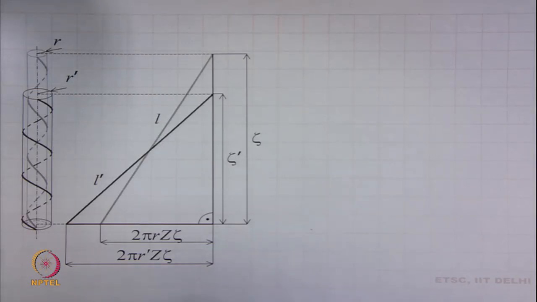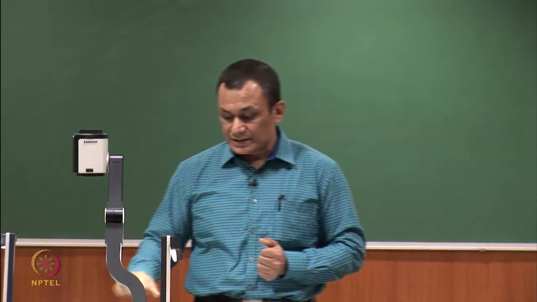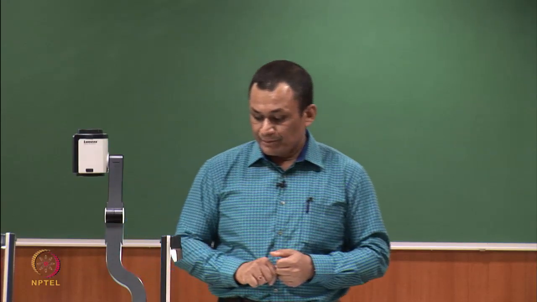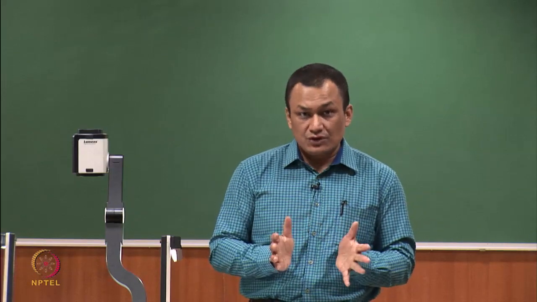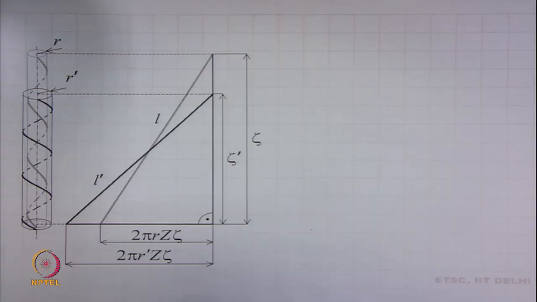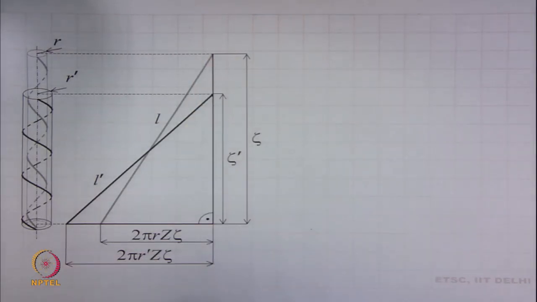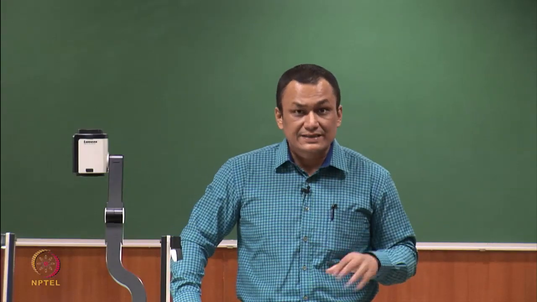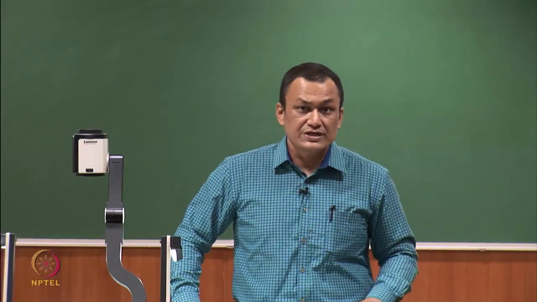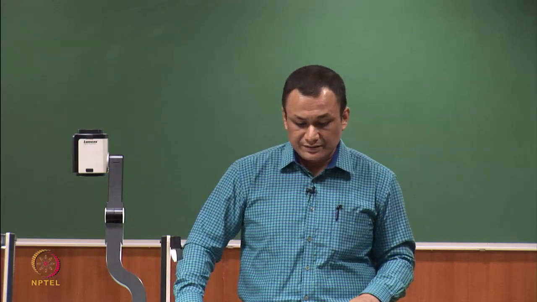After washing and drying, the same fiber will have a different length. Let us consider that length is l prime, and of course the radius will change. So, this base will now be 2 times pi times r prime z into zeta, and this length is however zeta prime. We consider that the number of coils, z times zeta, does not change because of washing and drying.